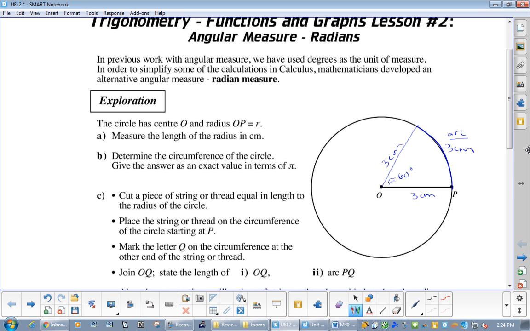Now in a half a circle, just by an estimate, how many radians would you see? I didn't draw that very straight. How many radians do you think are in half a circle? 3. Actually, specifically, 3.141592.